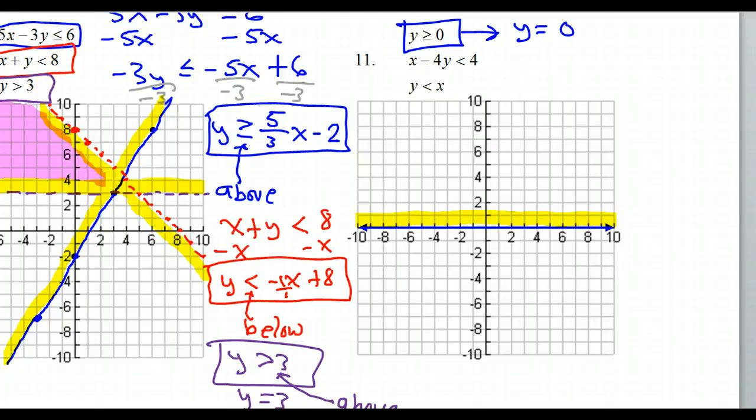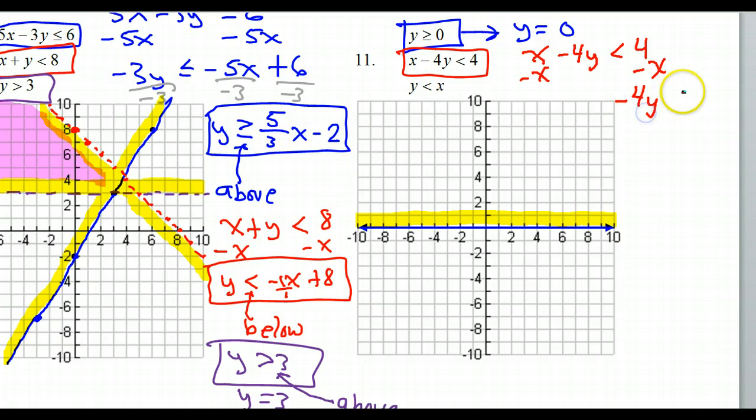All right, now for the second inequality. We're doing this one, so gotta subtract x. So that's what we have so far.